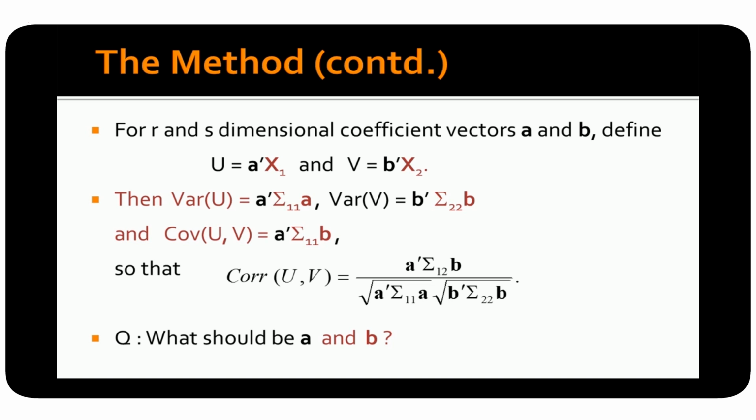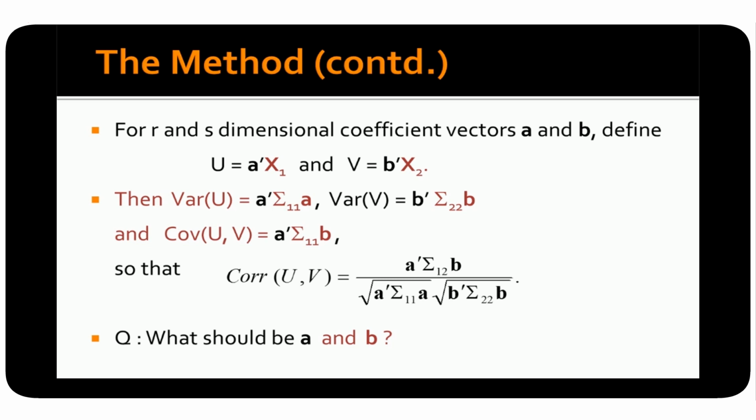Similarly, we define v as a linear combination of the elements in the second set, and v is given by v equal to b prime x2. And the intention is to find the correlation between these two variables u and v. That will give us a single correlation which would be reflecting the two sets.